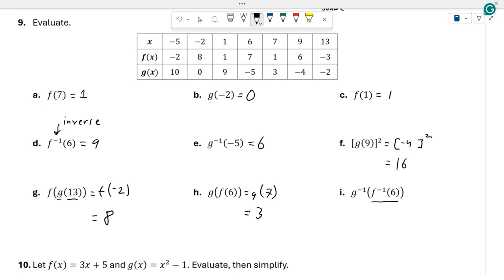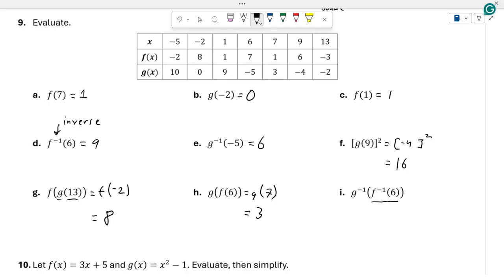Then we're going to take that answer and say, all right, that answer is the result of plugging something into the g function, and what is the input into the g function that gets that number we're going to find?